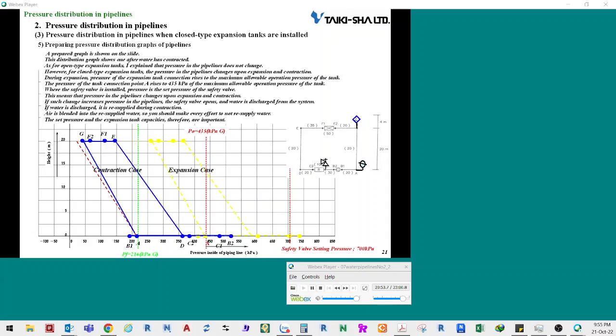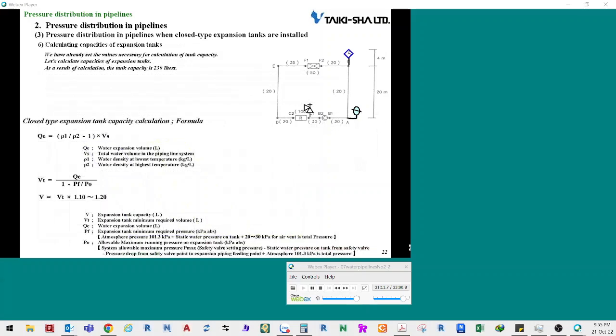If water is discharged, it is resupplied during contraction. Air is blended into the resupplied water, so you should make every effort to not resupply water. The set pressure and the expansion tank capacities, therefore, are important.